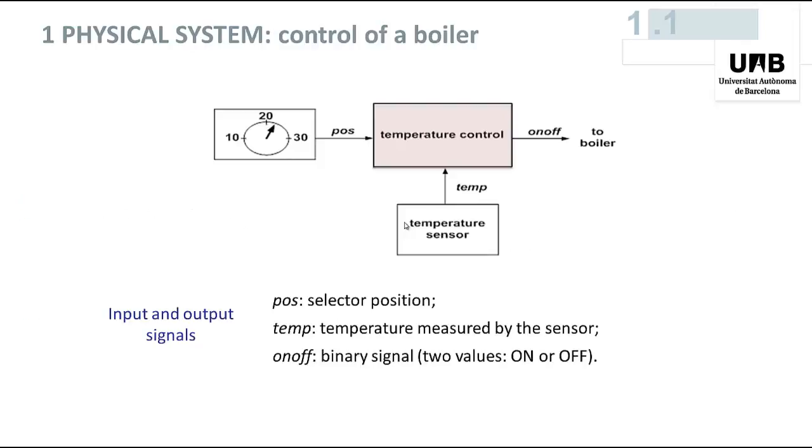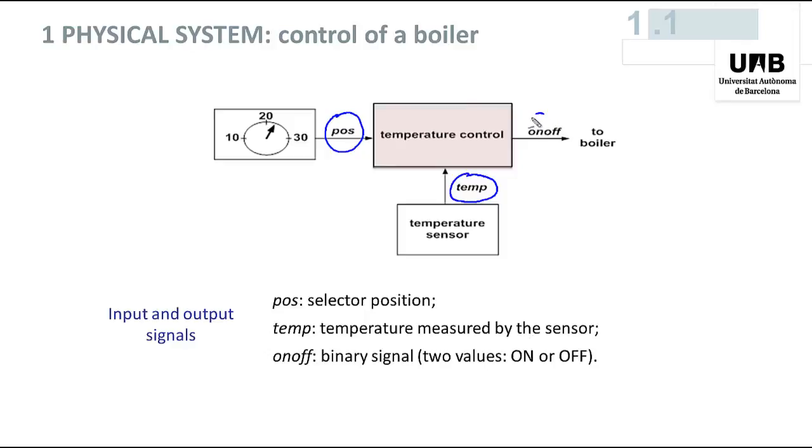Let us see a first example. It is a system that controls the working of a boiler used to heat a room. There are two input signals. The signal position is the position of a selector that allows to define the desired temperature. The other input signal is temp. It's the value of the temperature as measured by a sensor.